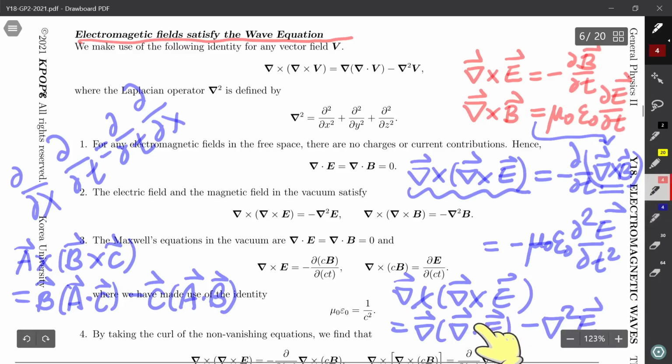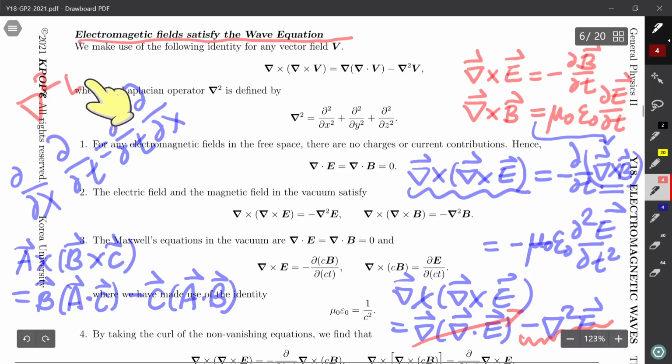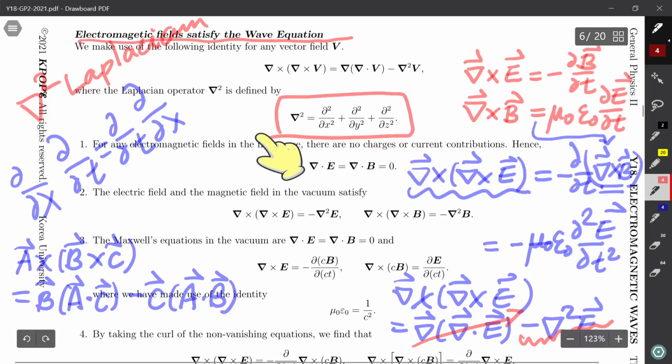We know in the vacuum divergence always vanishes, so this curl curl is minus Laplacian electric field. This is called Laplacian. And Laplacian operator is this, the sum of second order derivatives of the space.